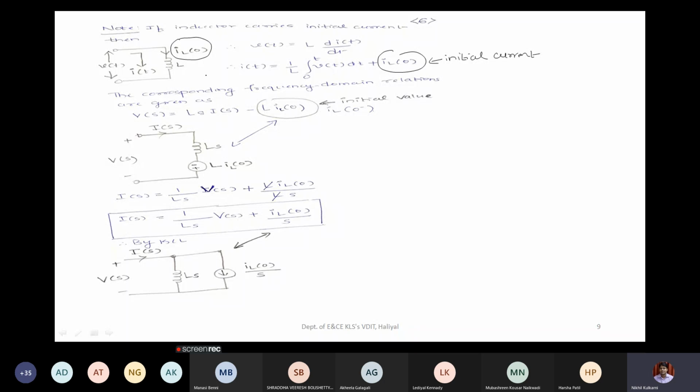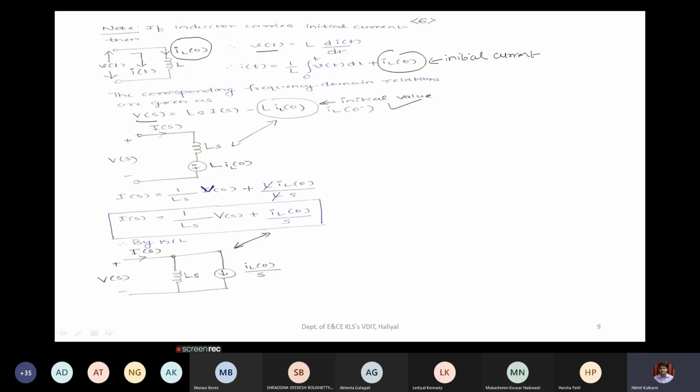Following this? Now if you consider the equivalent frequency domain relation here, you can write V of t as V of S, which we know already is Ls into I of S. Now if you use I of t here, that is going to give you this equation.